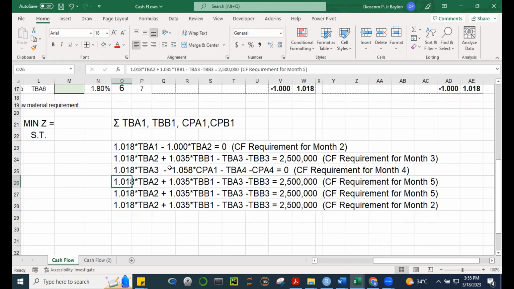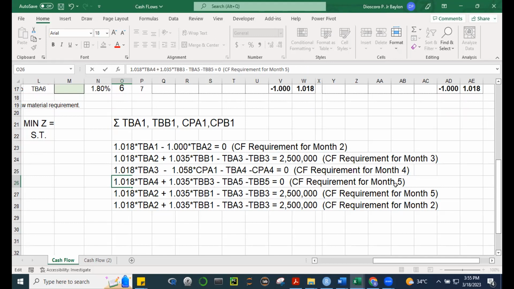For month 5, let's start with TBA: 1.018 times TBA4 plus 1.035 times TBB3, then minus TBA5 minus TBB5, and this should be equal to 0.